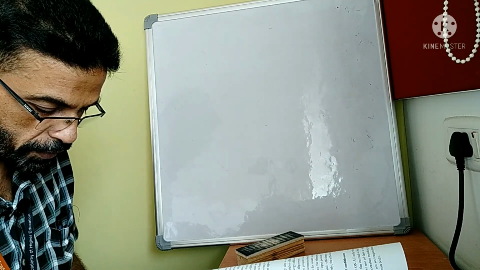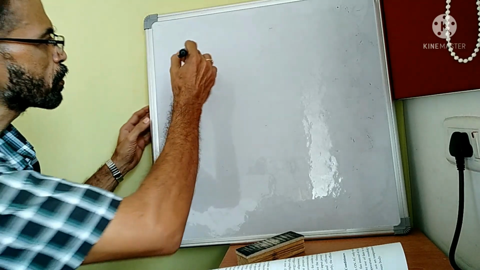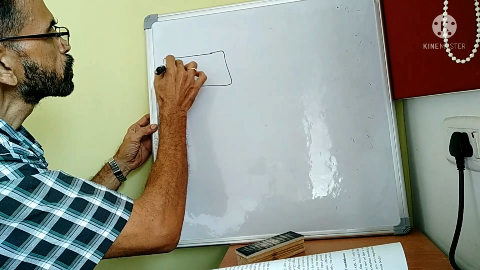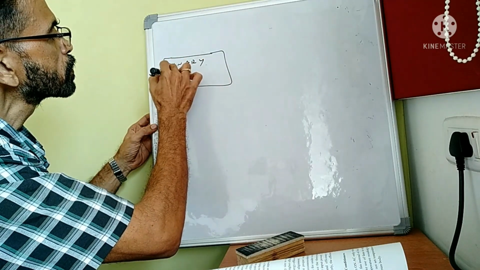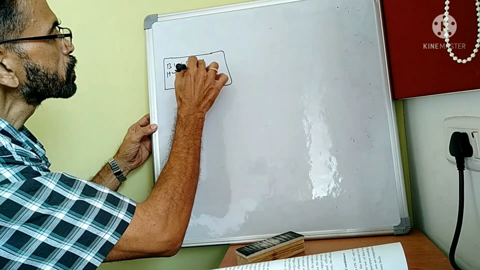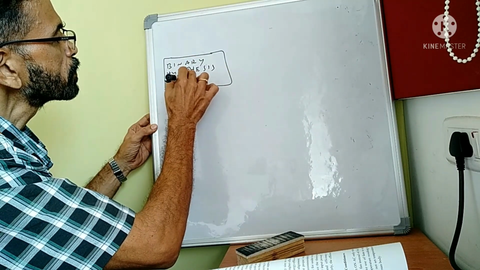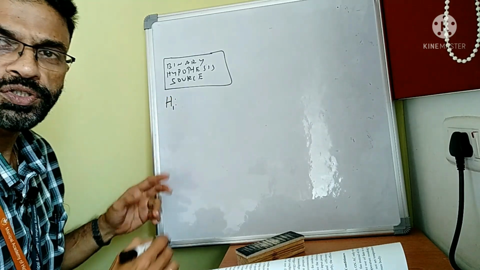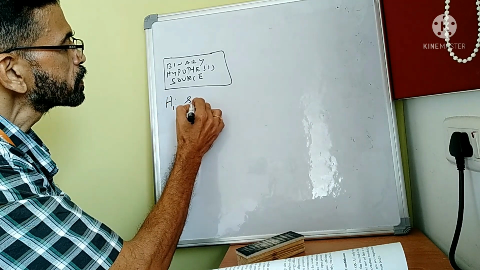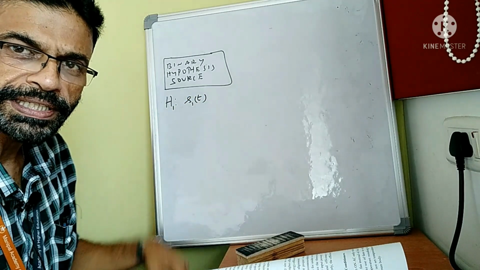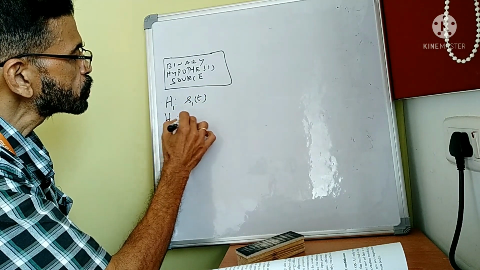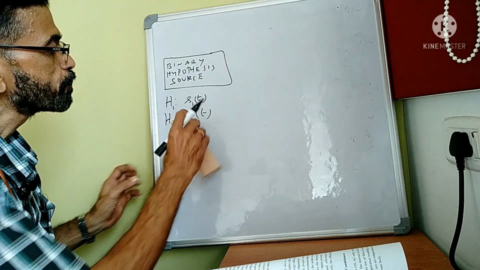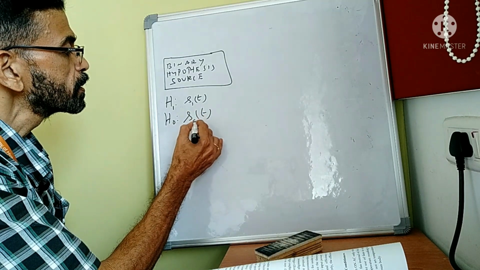So if we quickly recall that block diagram wherein we had a binary hypothesis source, H1 is the true hypothesis, it was giving out a signal S1(t), and H0 it was giving out a signal S0(t).